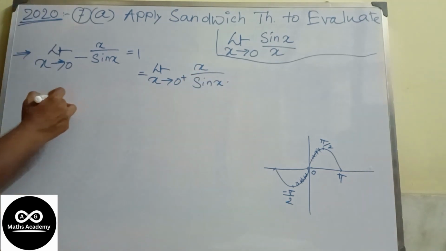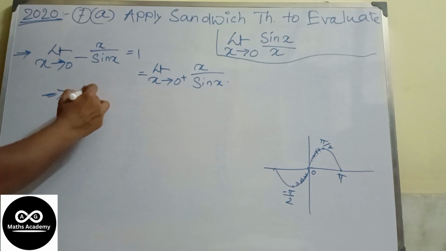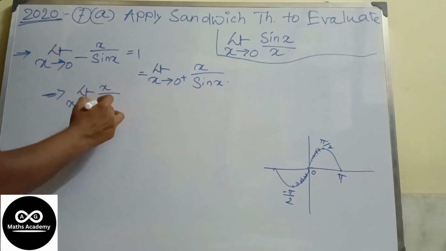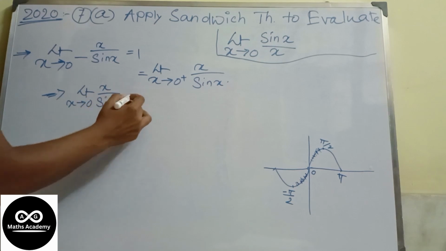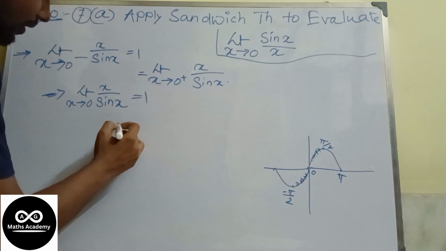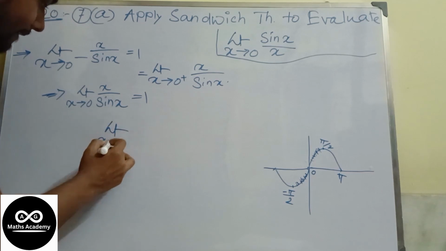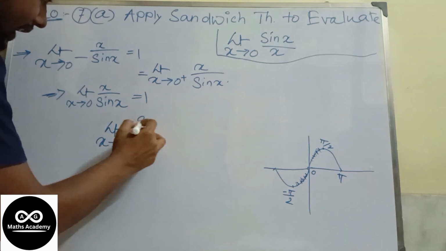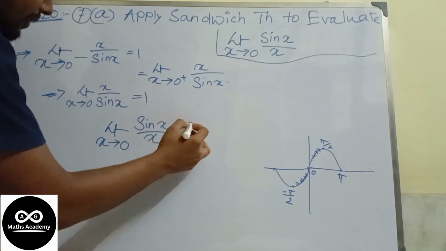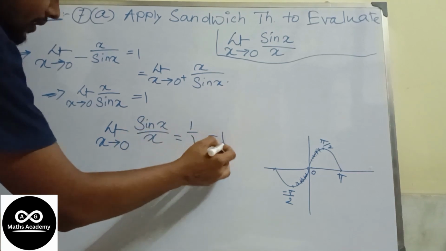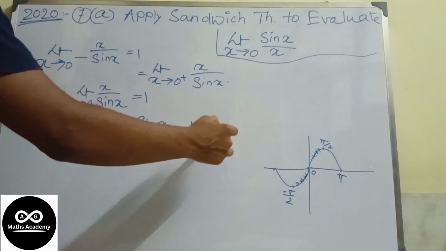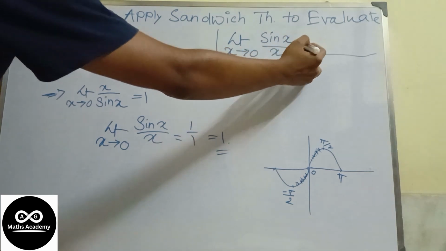So we can say that the limit as x tends to 0 of x by sin x is 1. So the limit as x tends to 0 of sin x by x will be 1 by 1, which is 1. So the value of this is 1.